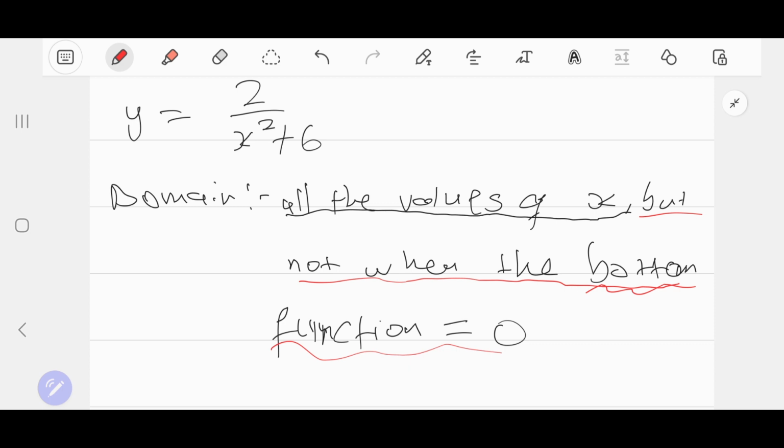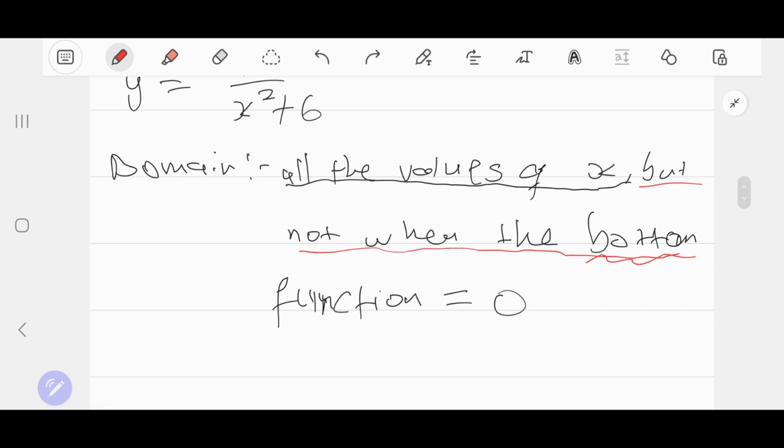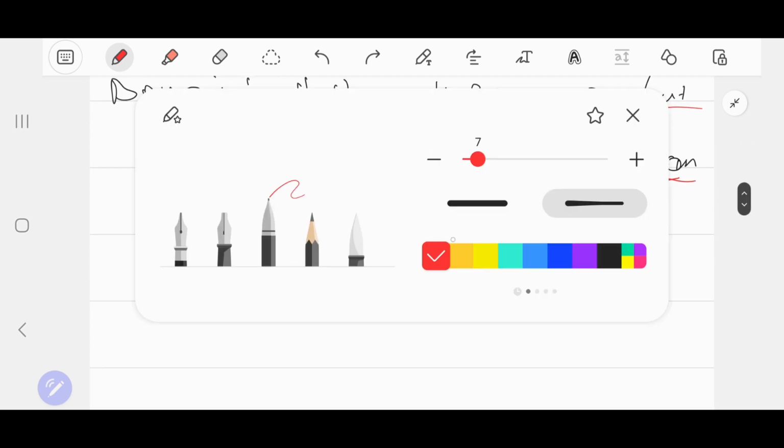So how do you write it now? You can write it in this way, people.